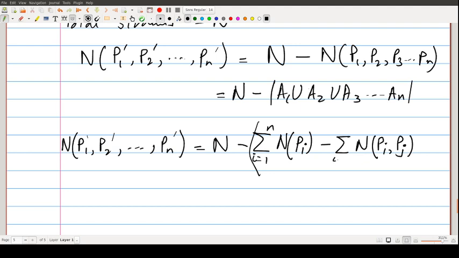So i is less than j, less than or equal to n, greater than or equal to 1.